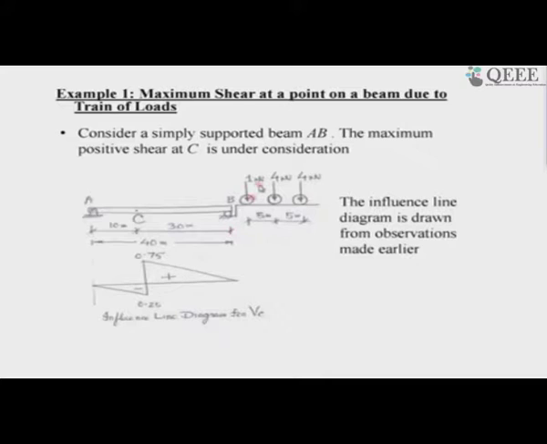So, now if I have wheel loads which are differing in magnitude, if I have to account for, using the superposition principle, the sum total effect of all the loads, I am not so sure that if I place the loads in such a way that one or more loads fall into the negative part, and if I am interested in the positive shear, whether I will gain overall or not.